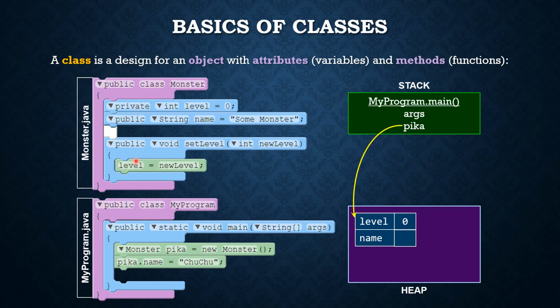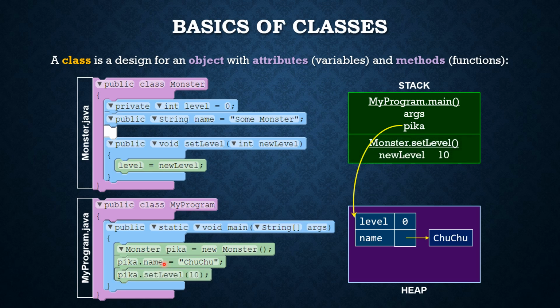Since we are accessing this monster class from outside the class, we can use the public method to set the level. So we can do something like pika dot set level and pass in the level 10. This will change the level of pika to 10. So you can see that pika is pointing to the name, which is choo choo after this line, and after the set level line, the level is changed to 10.